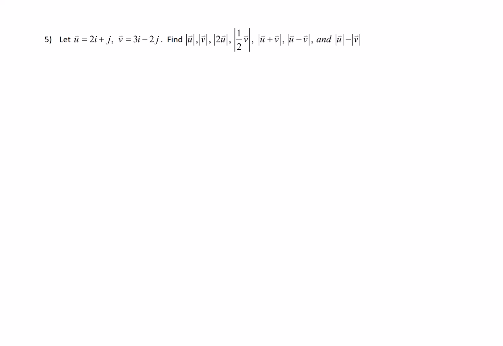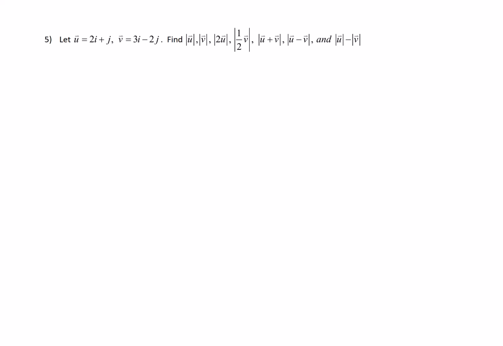These expressions that we want to find, of course, are mostly in what look like absolute values. Recall that that means the magnitude, which really means the length. And we have a formula defined above that will help us do that. But sometimes it's easier to see the vectors in component form, so you can spot the a and the b very easily for the formula of magnitude we have above. What I mean is this.